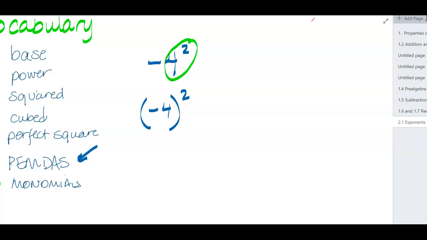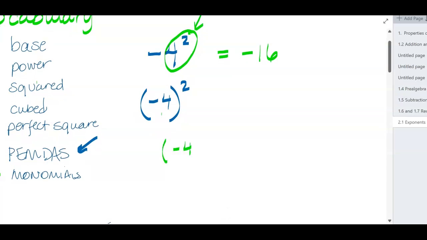Putting a negative in front of any quantity is the same as saying I'm going to multiply this by negative 1, or I'm going to find the opposite of this number. You have to do the exponent first. This is negative 16. This, on the other hand, could be re-expressed as negative 4 times negative 4.